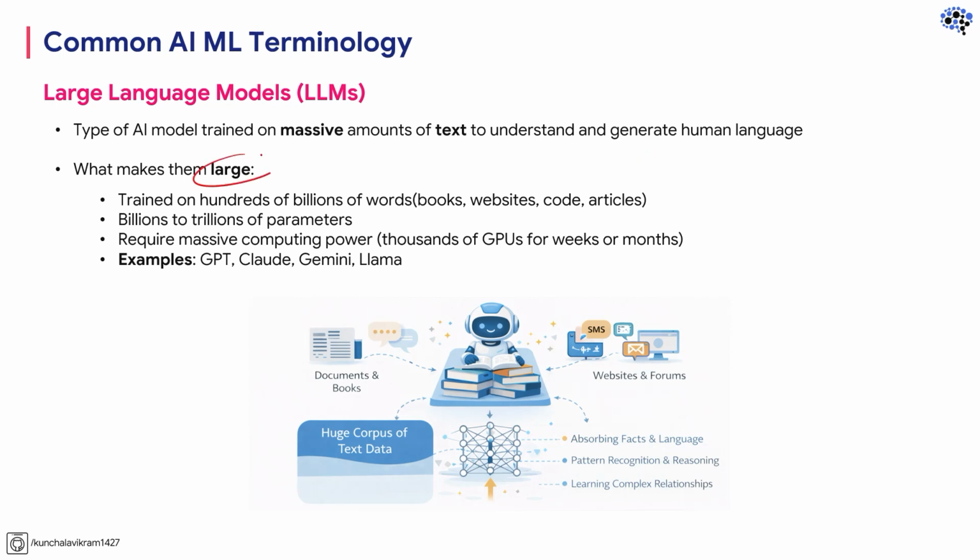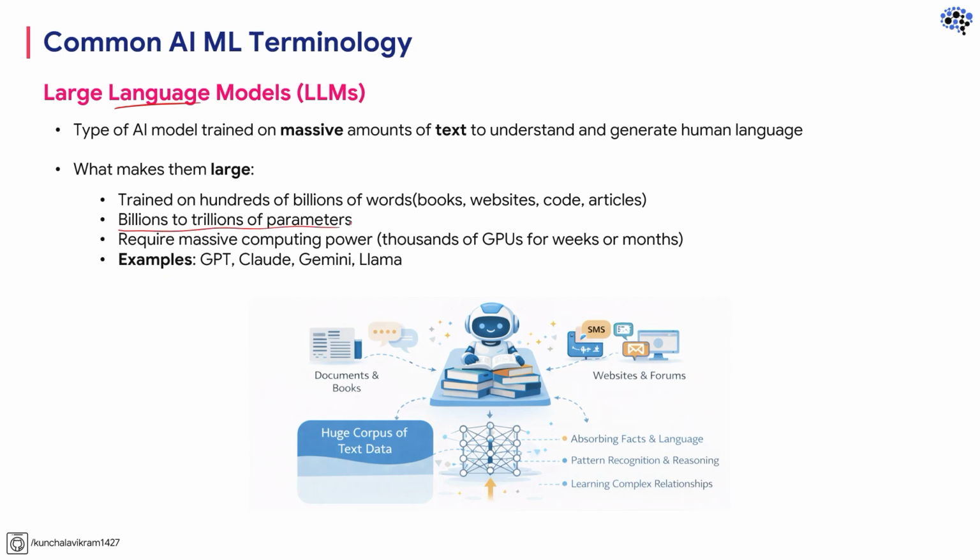What makes them large is that they are trained on billions of words. They can be books, websites, code samples, or articles, right? Because the size of the data is pretty large, these are called large language models, and they generate responses just like how humans speak, right?